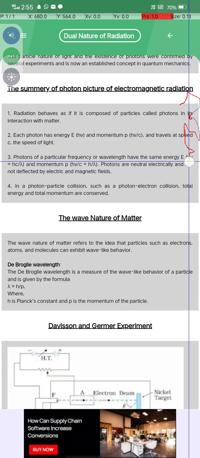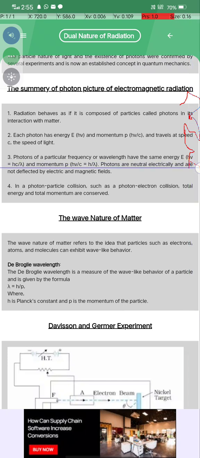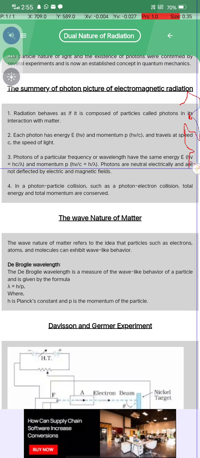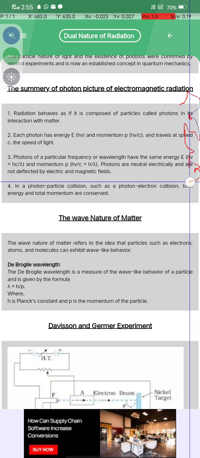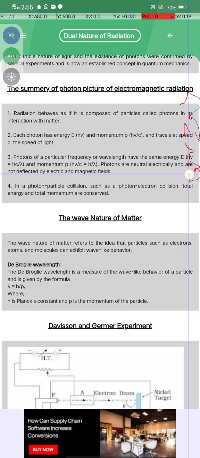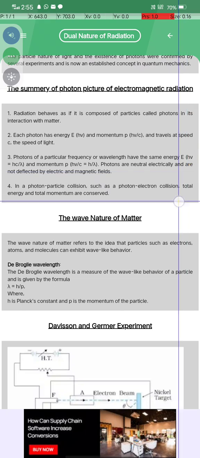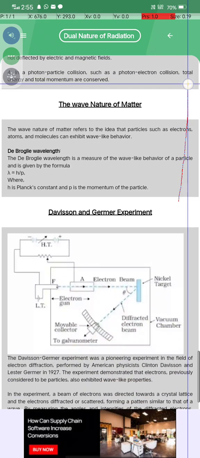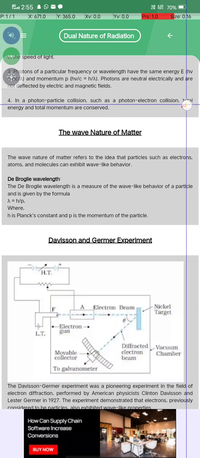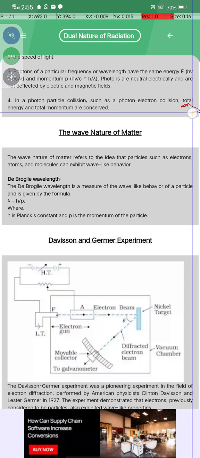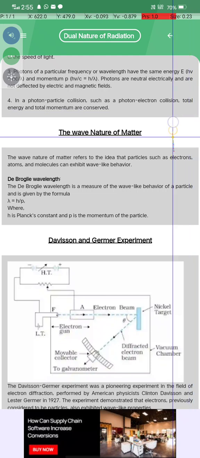A photon of a particular frequency or wavelength has the same energy E equal to hc by lambda, and momentum p equal to E by c, which is h by lambda. Photons are electrically neutral and are not deflected by electric and magnetic fields. Fourth, in photon-particle collisions such as a photon-electron collision, total energy and total momentum are conserved.